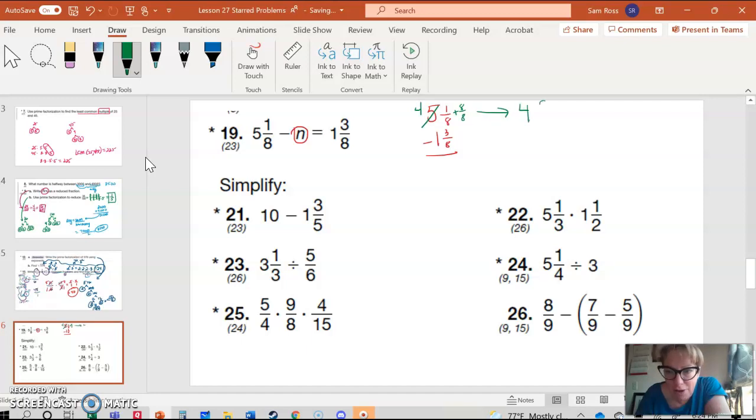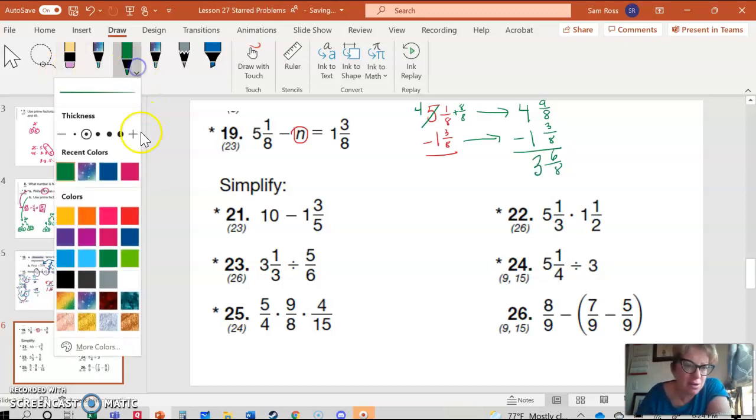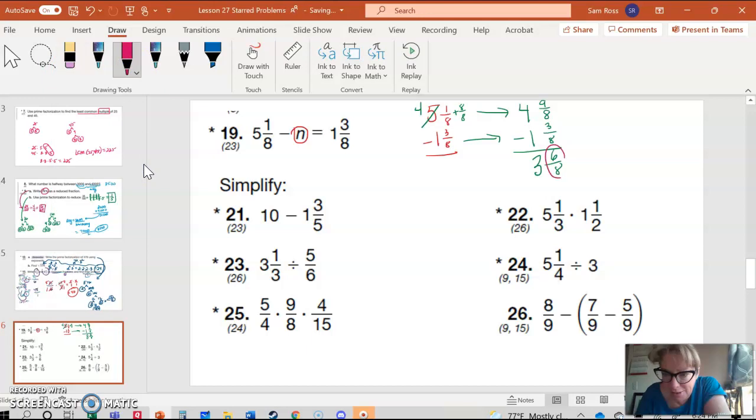So I have 4 9/8, and then this stays the same. 9 minus 3 is 6. 4 minus 1 is 3. And then I have to take care of this here. I'm going to divide by 2. So I get 3, because I don't want to lose that. 6 divided by 2 is 3. 8 divided by 2 is 4.